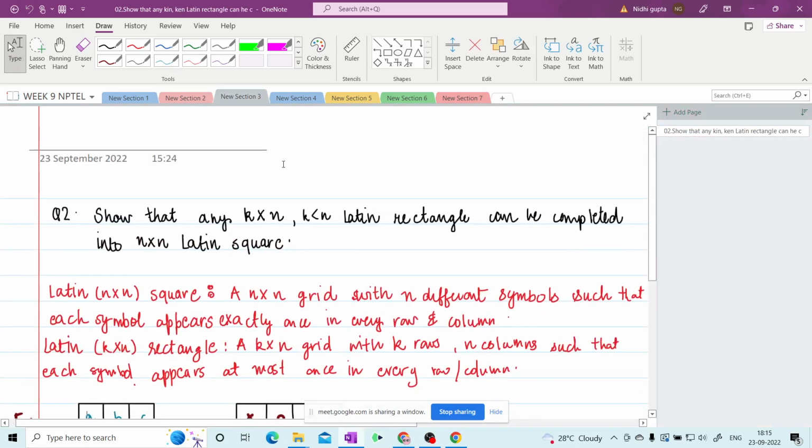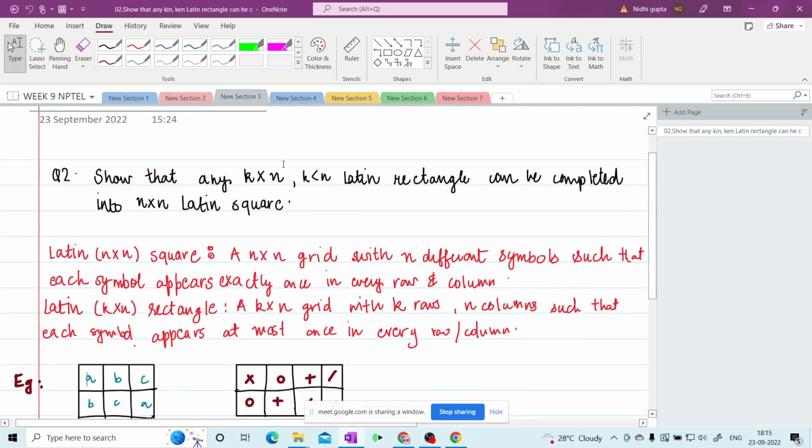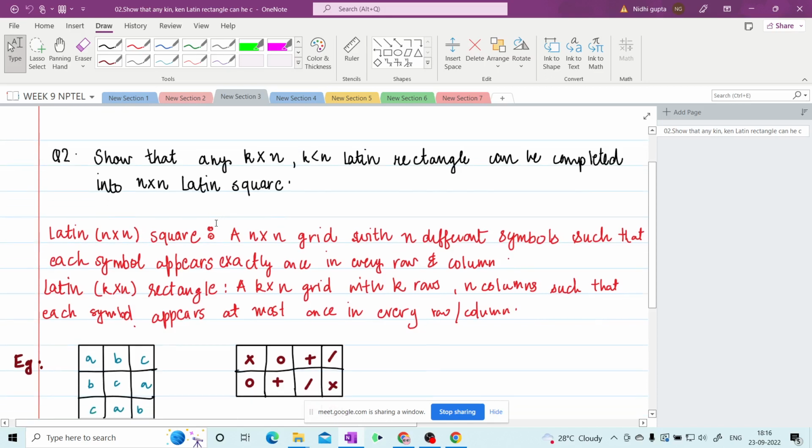So our next question says that we are given a k cross n Latin rectangle. That means we have k rows and n columns, and we have to show that any k cross n Latin rectangle can be completed into an n cross n Latin square. So first of all, what is a Latin rectangle and what is a Latin square?